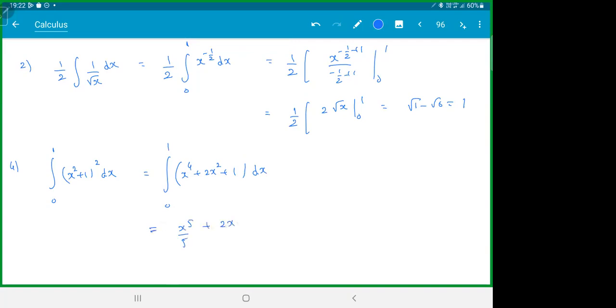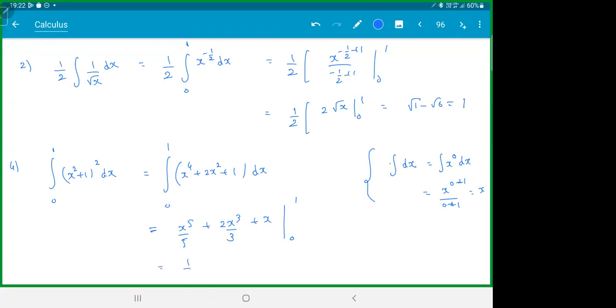The integral of 2x square is 2x cube by 3. And the integral of 1 dx is x. Be careful here. If you just take integral dx, this is simply x power 0 into dx. So this is x power (0 plus 1) by (0 plus 1), which is x only. Or you can simply say integral and d will cancel, you get x outside. But okay. Limits 0 to 1.